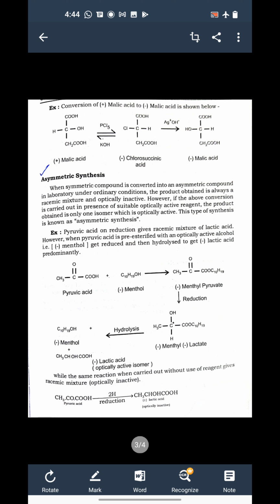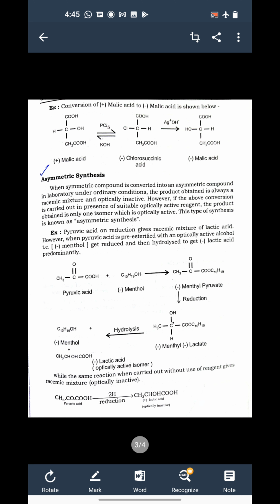The name is now chlorosuccinic acid because the compound is different, but the configuration changes here, and therefore the reaction from plus malic acid to minus chlorosuccinic acid is an inversion reaction, because here configuration is converted.